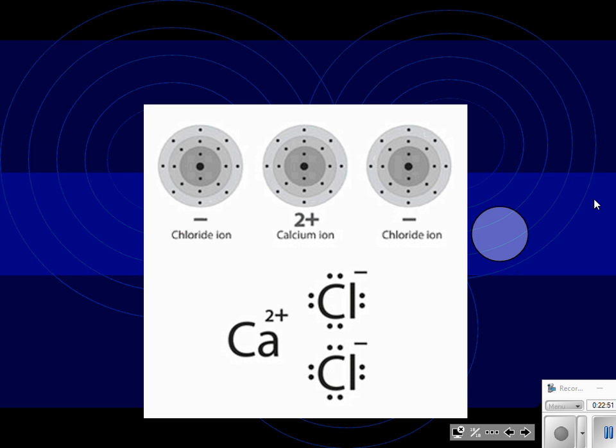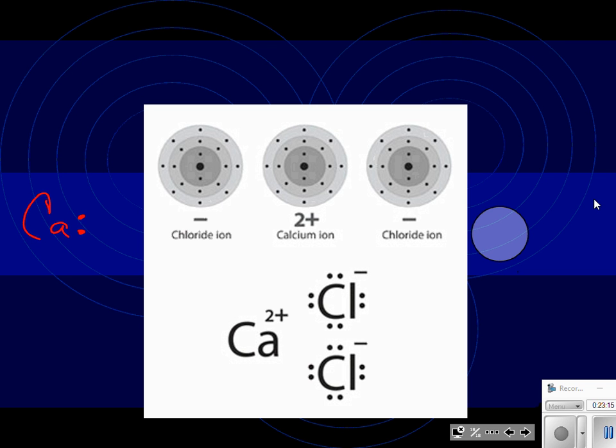Here's chlorine. If I'm going to draw the electron dot notation for calcium, calcium has how many valence electrons? 2. Now, do you think calcium is going to want to gain 6 electrons or lose 6 electrons, or lose 2 electrons? It's going to want to lose 2.